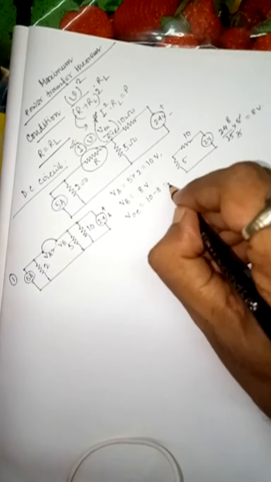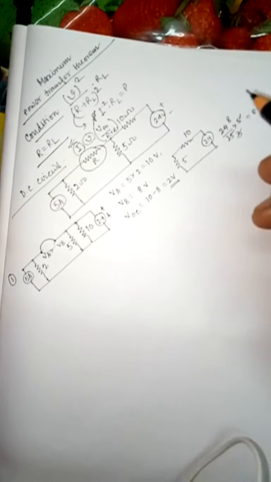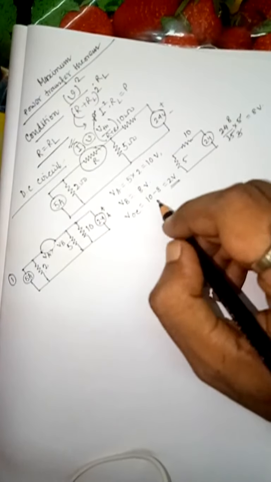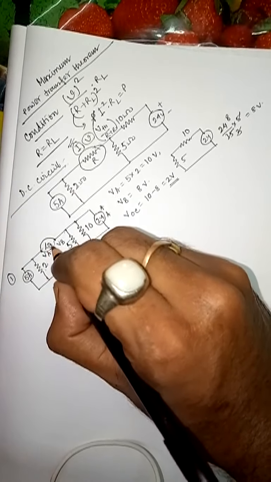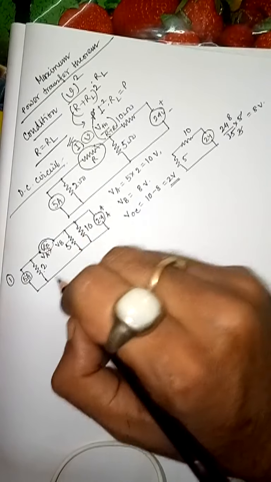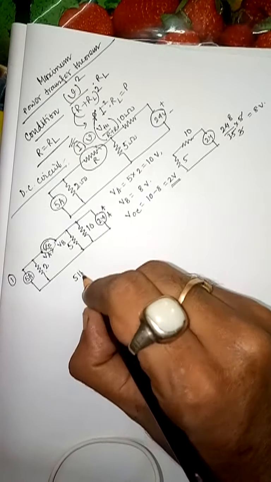Okay, now what you have to find more is the value of R. Now if you are looking from this particular direction, obviously 5 and 10 and 2, there will be 5 parallel 10.